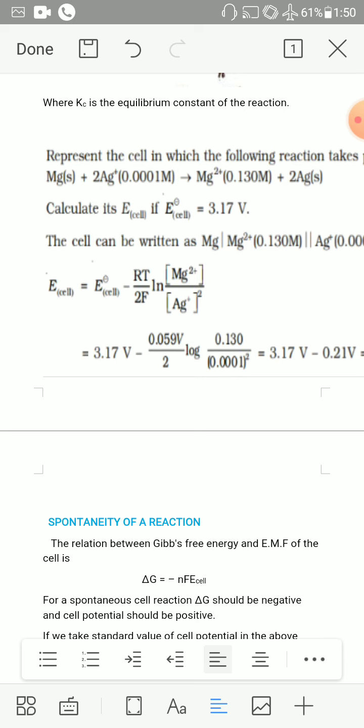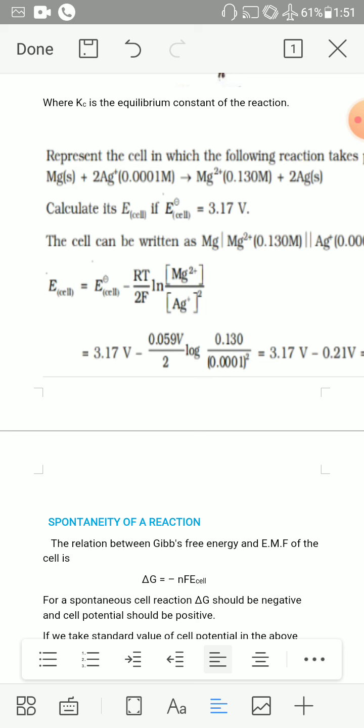So according to the Nernst equation, E cell is equal to E0 cell, and the value of E0 cell is 3.17. So you have to write 3.17 minus 0.059 divided by 2. Here magnesium is converted to magnesium 2 plus by releasing 2 electrons, so the value of n is 2. So 0.059 divided by 2 into log of the concentration of magnesium 2 plus, which is 0.130, divided by the concentration of Ag plus.